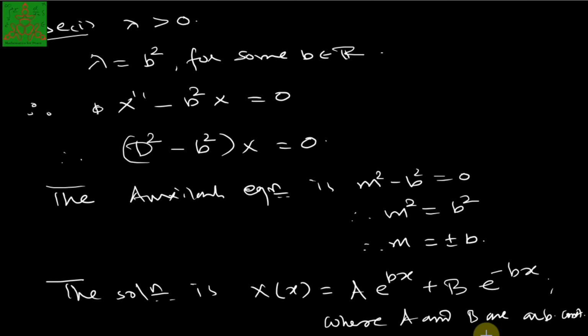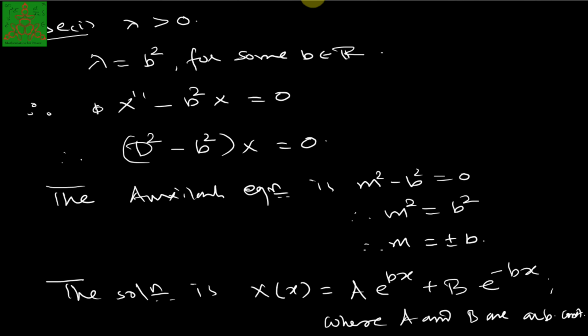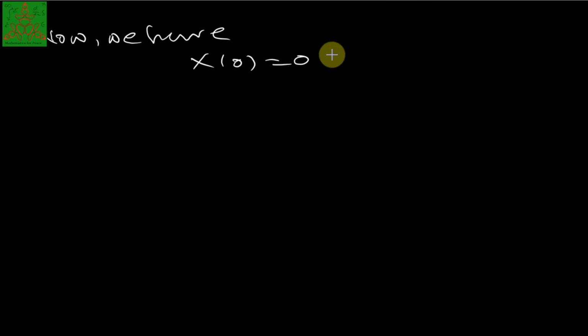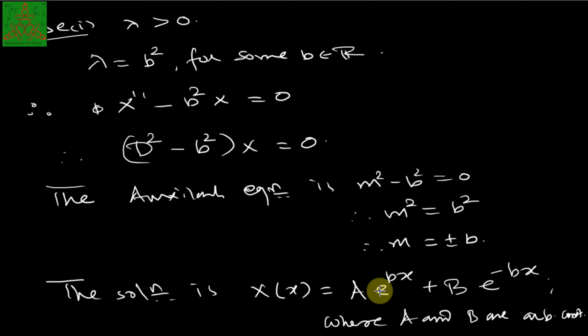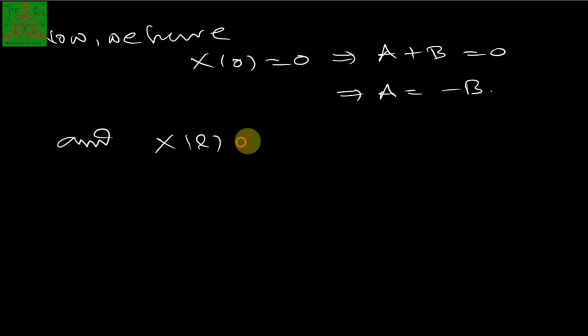And this x should satisfy the boundary conditions that we have, x of 0 is equal to 0 and x of l is equal to 0. Using the first boundary condition, x of 0 is equal to 0, if I substitute the x value here, that gives A plus B equal to 0, which implies A is equal to minus B. And x of l is also 0, which implies A into e power bl plus B into e power minus bl is equal to 0.